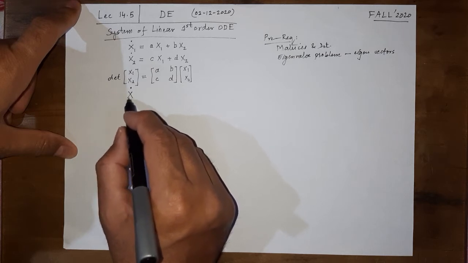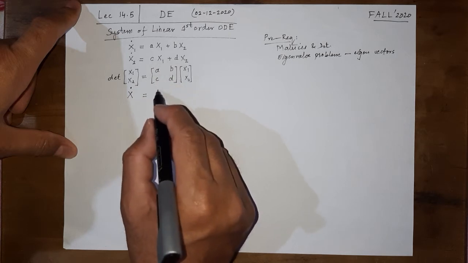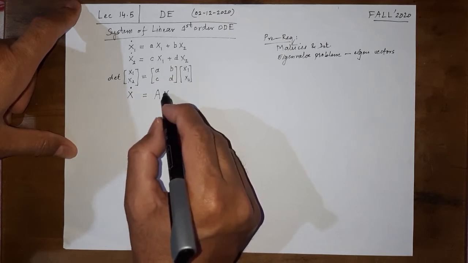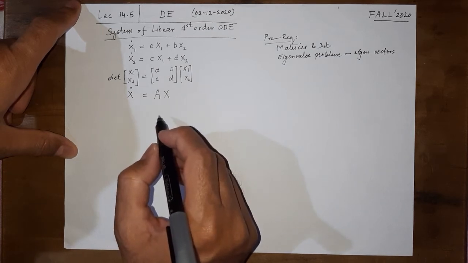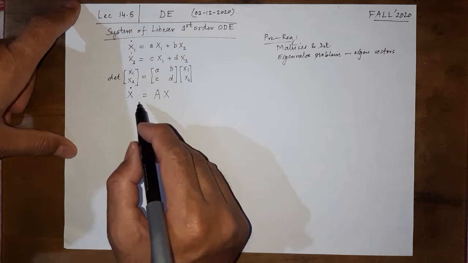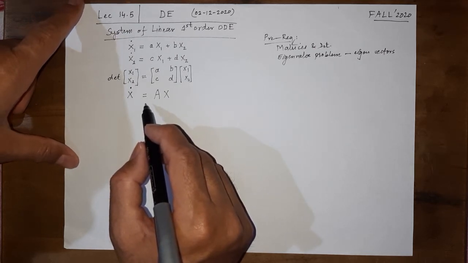So x is a vector now, and the derivative of x is equal to, let us call this matrix A, times this vector x. So this is basically the differential equation in vector form that we need to solve.